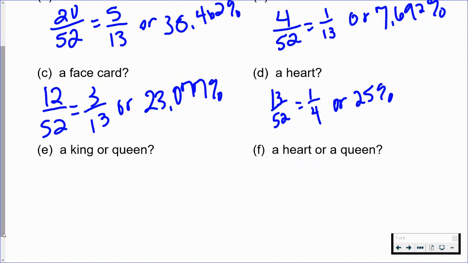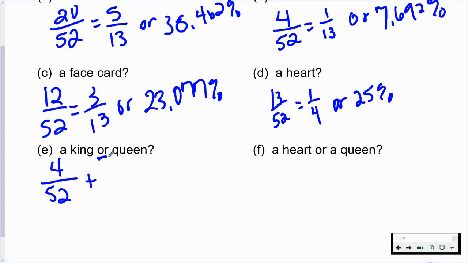A king or queen. Okay, so this is an OR equation. But now here's what we need to figure out. Are these mutually exclusive? So can we have a card that is a king and a queen? No, we cannot. So these are mutually exclusive, so we can just add these together. Okay, probability of a king, there's 4 different kings, right? One for each suit. So 4 out of 52 plus how many queens are there?